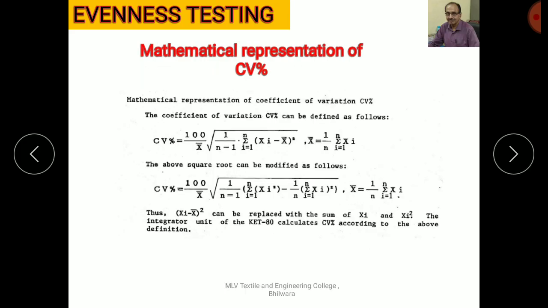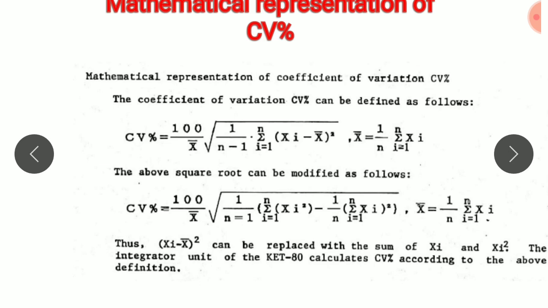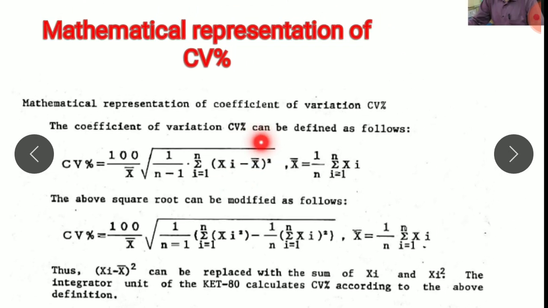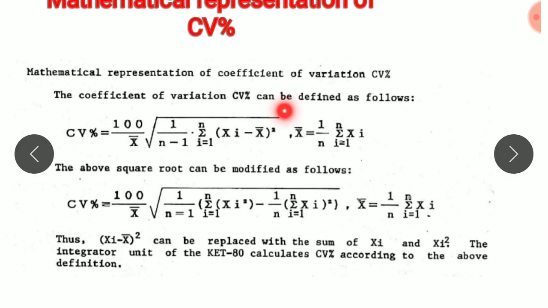Mathematical representation of CV. It's very simple. All of you might be calculating the value of the CV. Here the deviations from the X bar, the final mean, are being taken, and these deviations are squared, and then we find out the mean value of that and the square root of this.